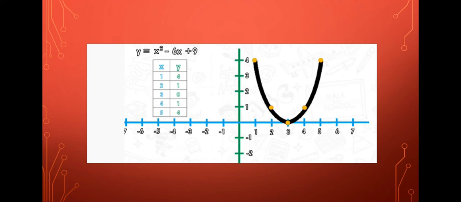And we realize that it is a positive parabola.